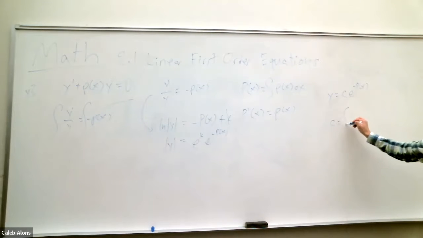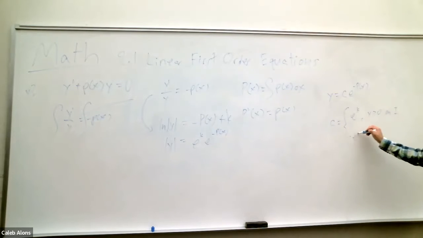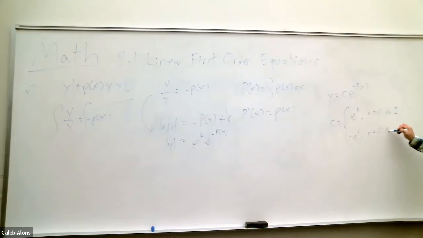So c is equal to e to the k when y is positive on the interval I, and negative e to the k when y is negative on I.